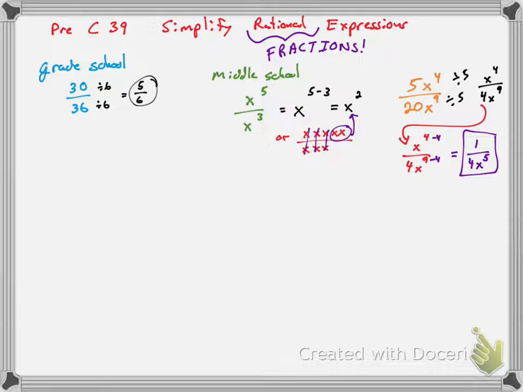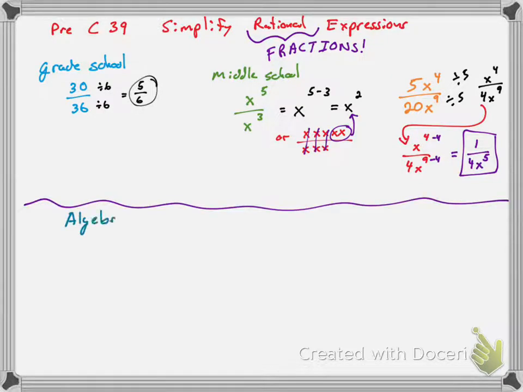Then we get into algebra 1, right? So algebra 1, we have problems starting like 10 divided by 5a minus 15. In the denominator, 5a minus 15, that can be factored. We factor out a greatest common factor, a GCF. So we're left with 5 times the parentheses of a minus 3. Okay?